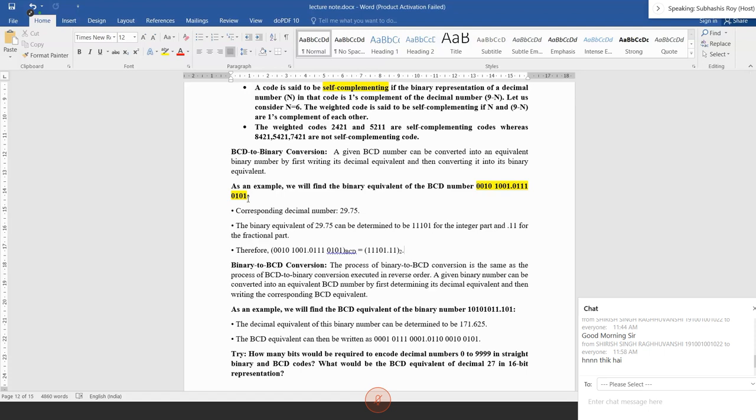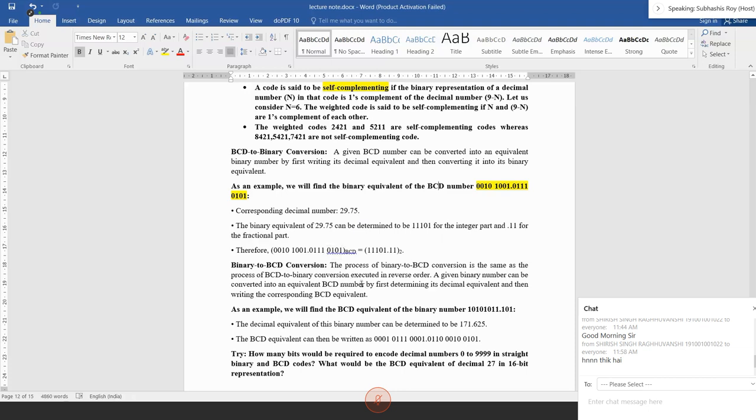This is a binary coded decimal form. So you need to take out the decimal number first, and once you get the decimal number, then you convert it to the binary number. You can see this is the actual binary combination of this number. Only a very small number of bits is used to represent that BCD number.